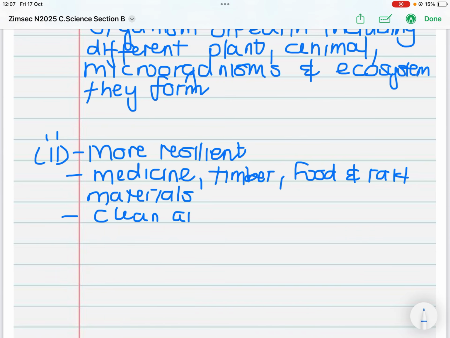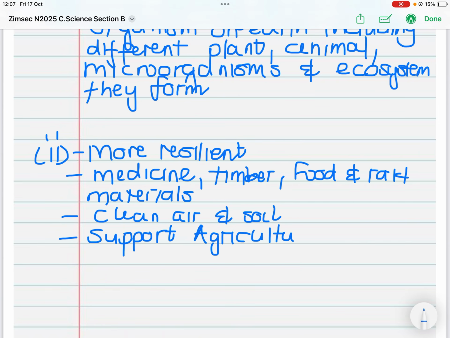And also it helps to maintain clean air and soil through the natural processes that will be occurring. It also supports agriculture and fishing industries.